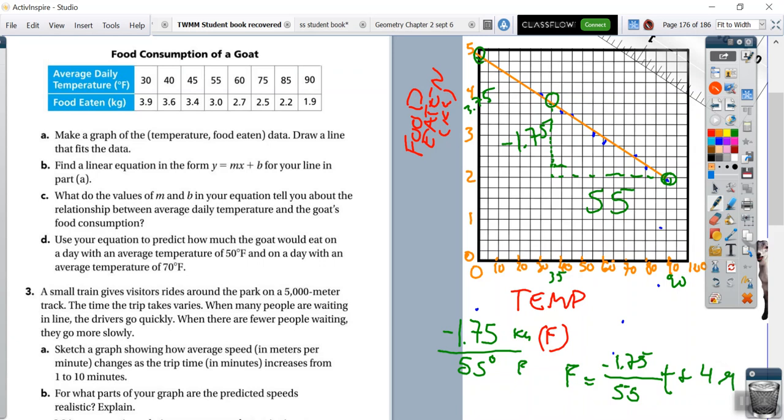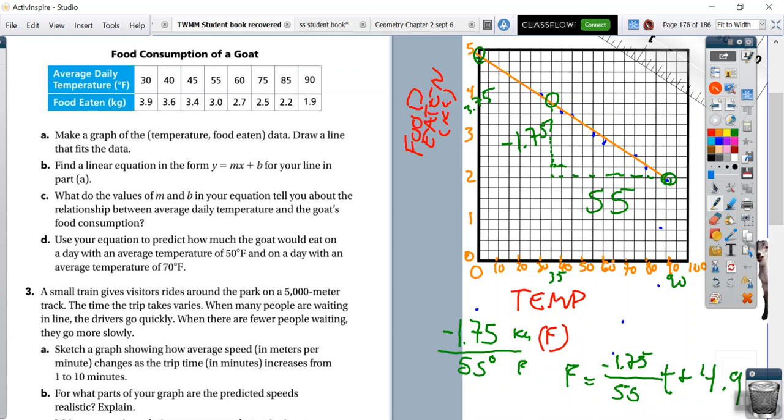All right, so the next question says, what do M and B tell us? Well, the B tells us that if there is a temperature of 0 degrees Fahrenheit, the goat will eat approximately 4.9 kilograms of food. That's a lot of food. And then the M value tells me that for every 55 degrees of temperature increase, the goat will eat 1.75 kilograms less.